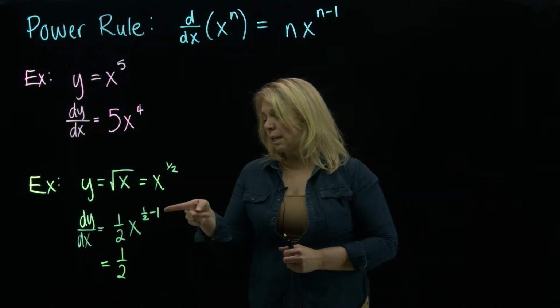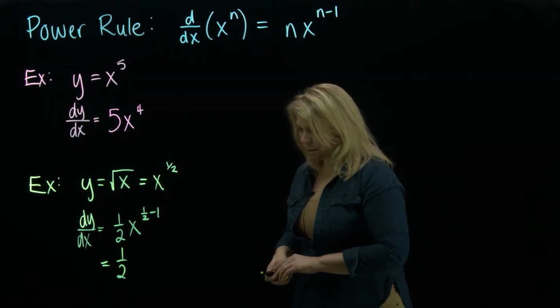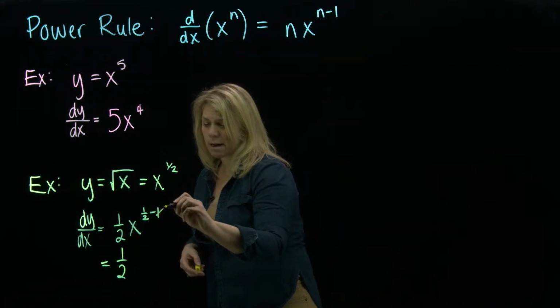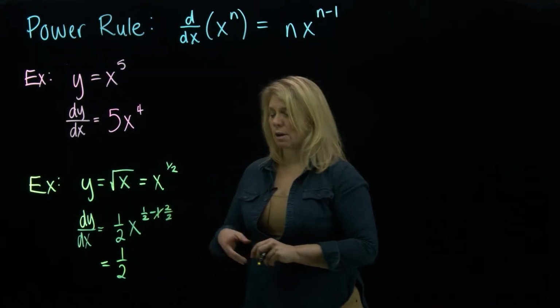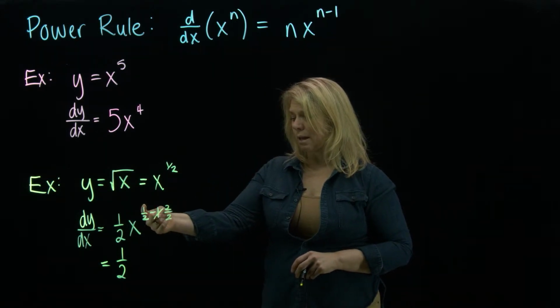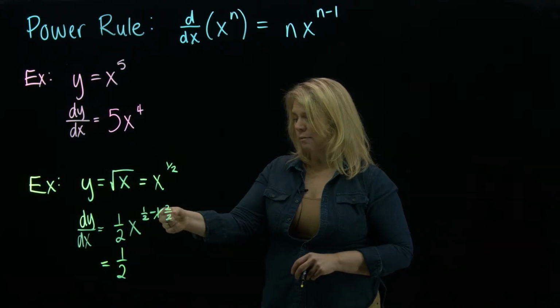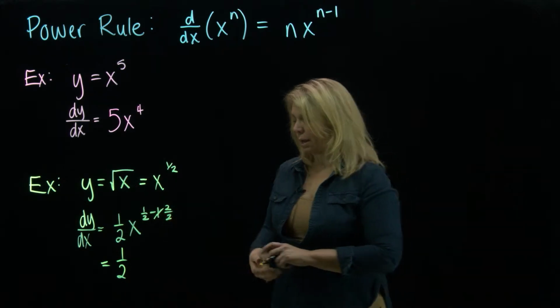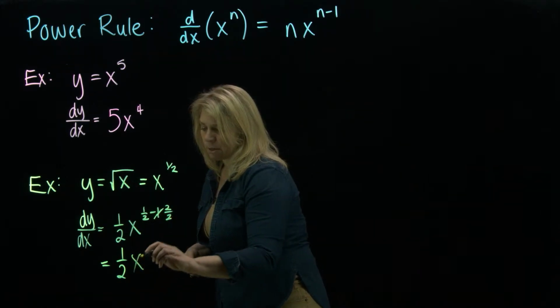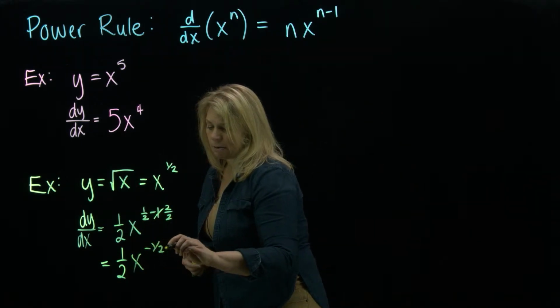So just think about this 1 as 2/2. So you don't even need to write this out. I'm going to write it out this first time here. But thinking about that 1 as 2/2, so instead of 1/2 minus 1, I'm thinking about that as 1/2 minus 2/2. Common denominator, so 1 minus 2 is -1, and then the denominator will be the same. So 1/2 x to the -1/2.